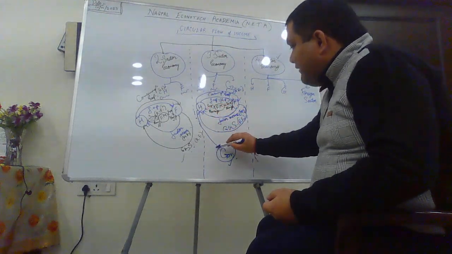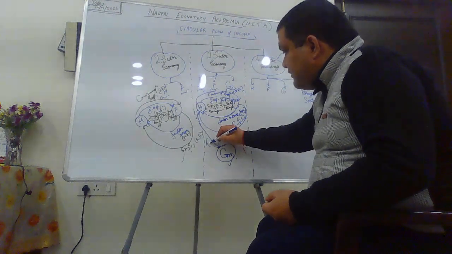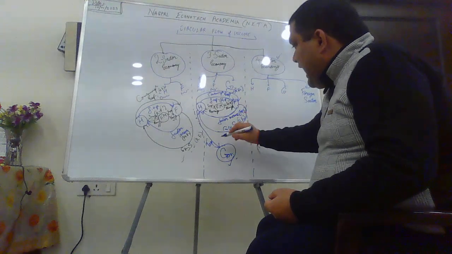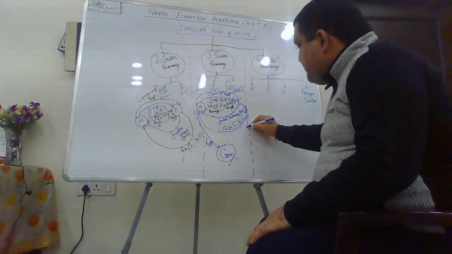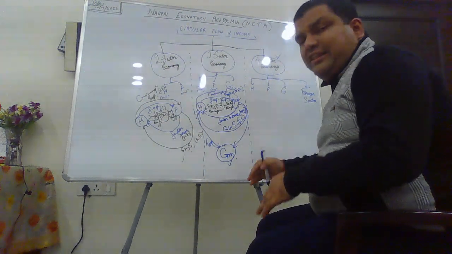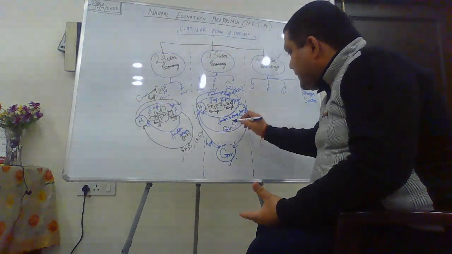And that would act as the income of the government sector. So the household sector is going to pay some taxes to the government sector, that is the direct taxes, whereas the firm sector is going to pay both direct taxes and indirect taxes to the government sector, right?